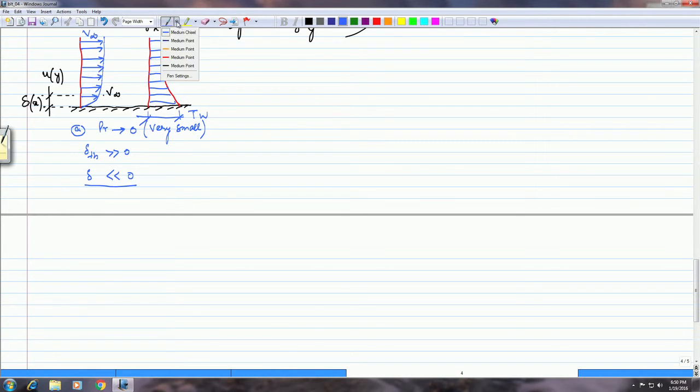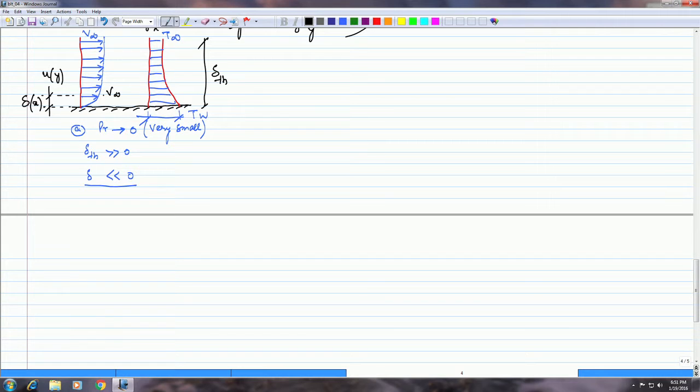So in this case, this height is the height required for the temperature to go from the wall temperature to the free stream, and that is the thickness of the thermal boundary layer. So this is a kind of picture that one can visualize if the Prandtl number is very small.